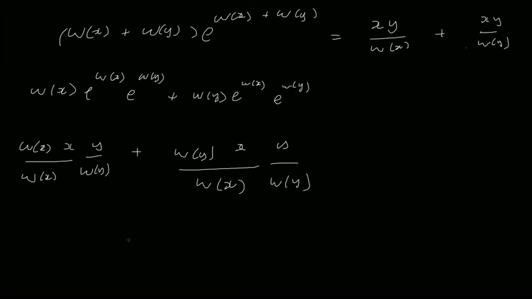And if w of x equals w of y equals 0, this will not work. So let's notate that better. They're both non-zero, of course, because you cannot cancel these if they're 0. 0 divided by 0 will just be undefined.